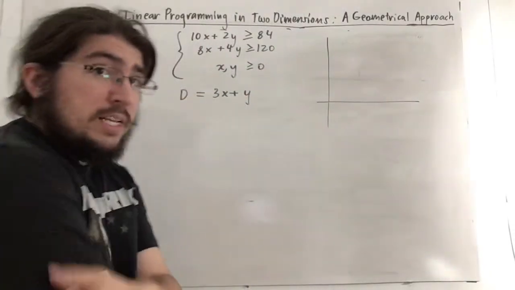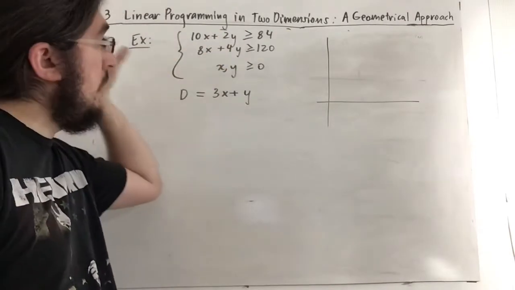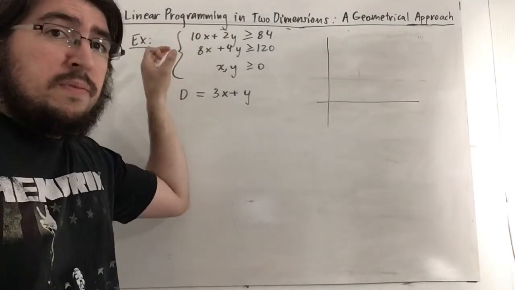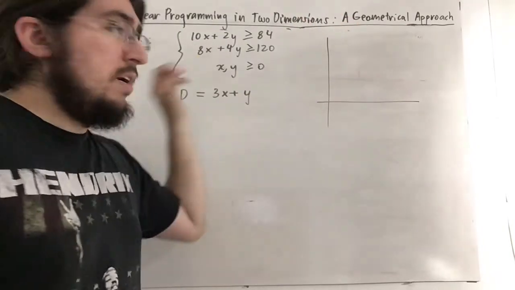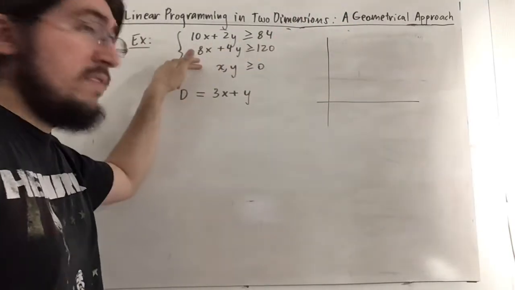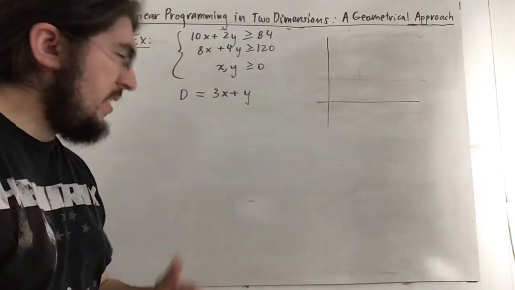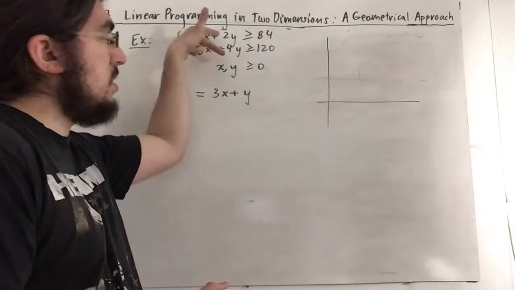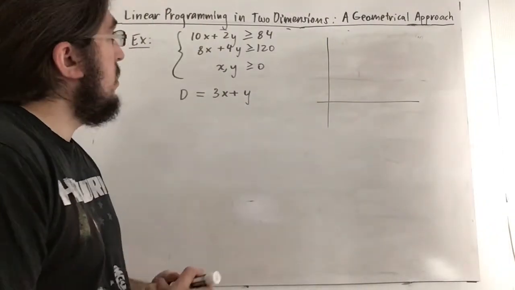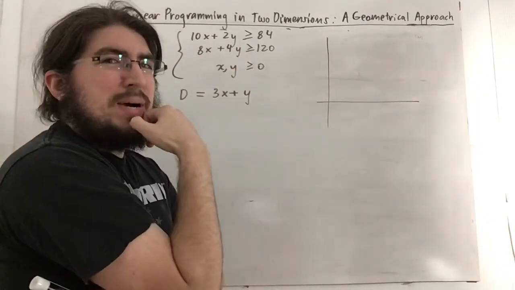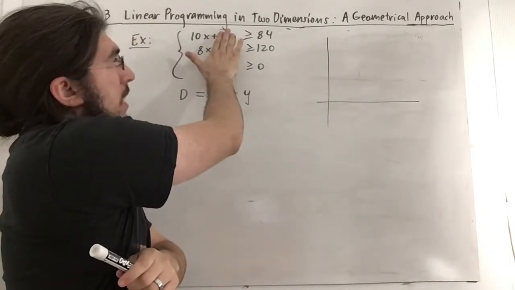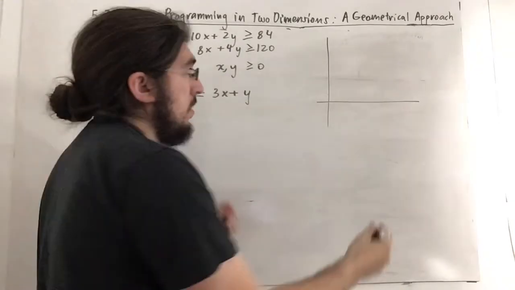All right, so let's just jump right into it. Here I have the constraints, our system of inequalities, and our objective function, and I'm going to graph our feasible region. Of course, it's in the first quadrant because we have non-negative constraints. Now just these lines are what we need to graph. So the first one, if we divide by 10 to get the x value, 84 divided by 10 is 8.4.